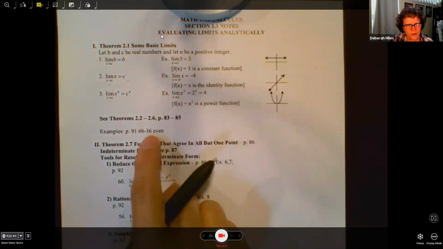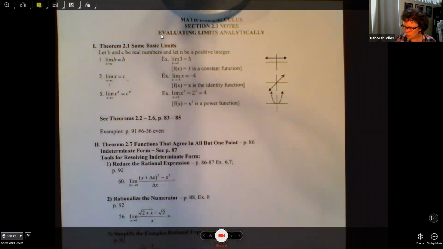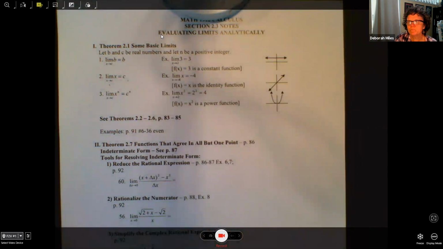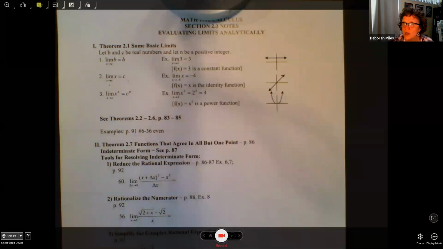Now this 6 through 36 even, I think that's where we can get to and stop. There's one piece of paper that I should have out that I don't. And my wireless mouse. Oh, there it is. This is on page 91 of the book.